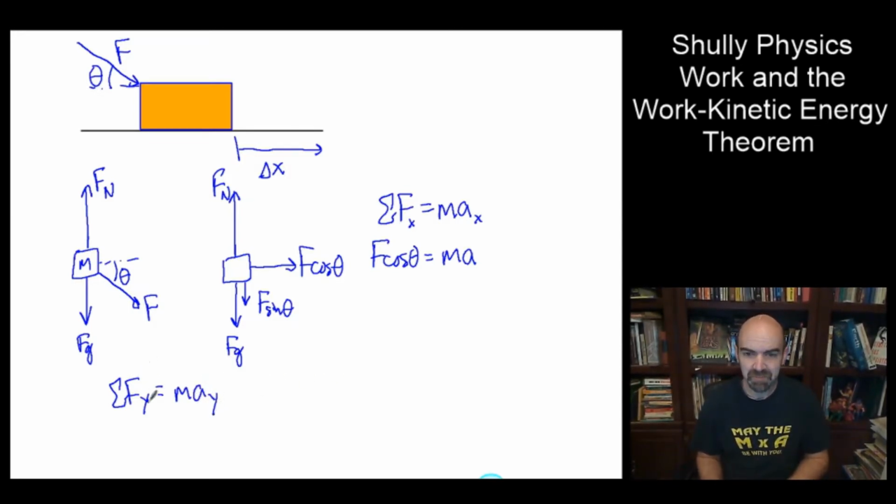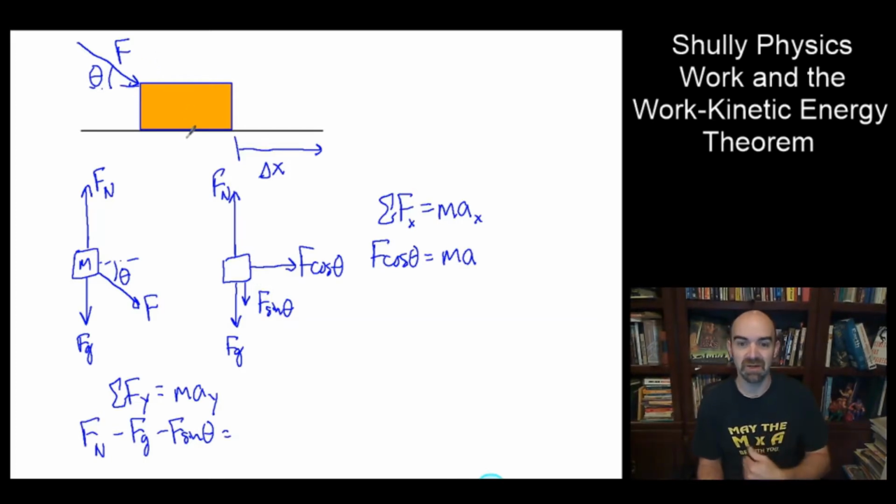In the y direction, we're going to have the normal force up minus the weight down minus F sine theta. You see there's a component of that pushing force that's going to be involved in the normal force here. It's not just going to be mg. Let's note that the y direction acceleration is going to be 0. We're pushing down into the floor, so that's not going to accelerate downward.